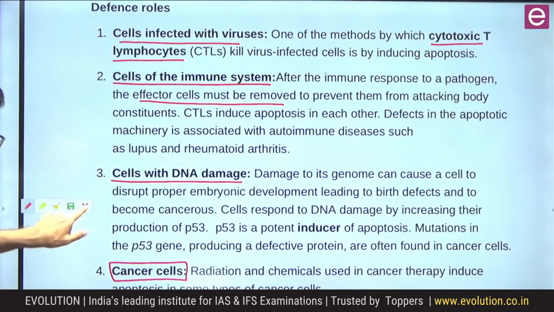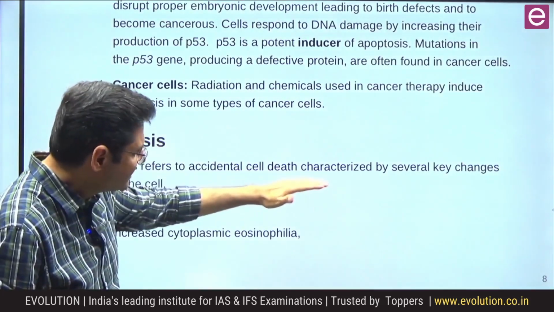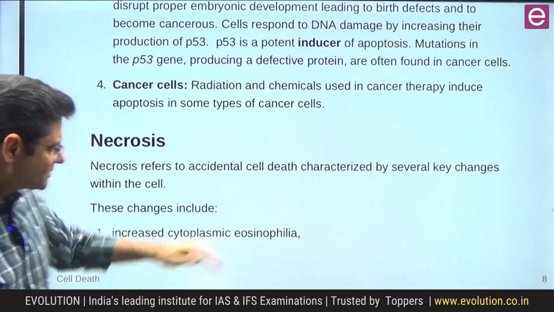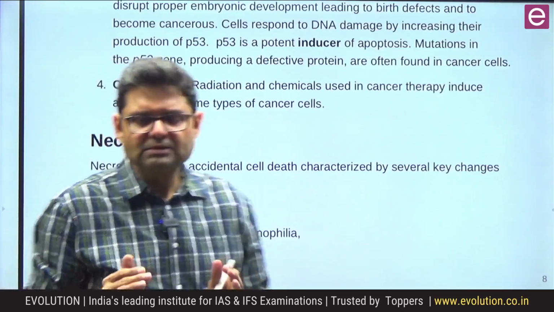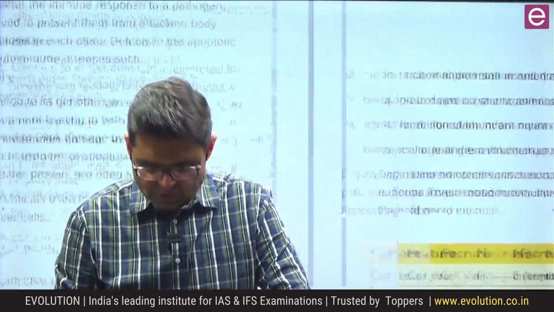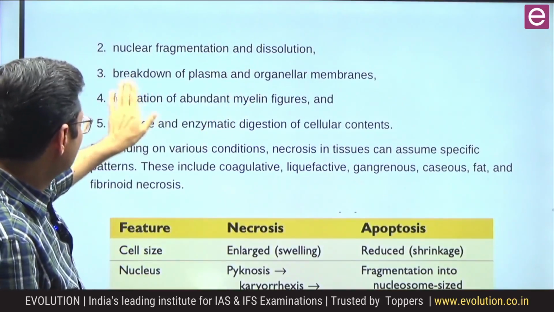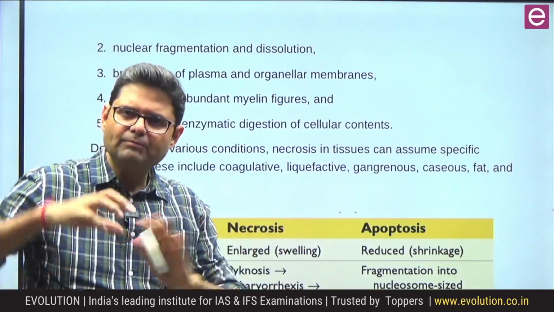Rest of it is basically necrosis. Necrosis refers to accidental cell death, and this will include increased cytoplasmic eosinophilia. So within the cytoplasm, you will find a lot of affinity for eosin. The nucleus will randomly fragment, with breakdown of plasma and organellar membranes, no clean process of blebbing.